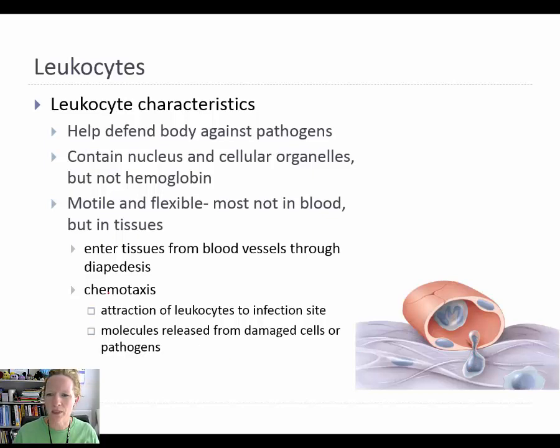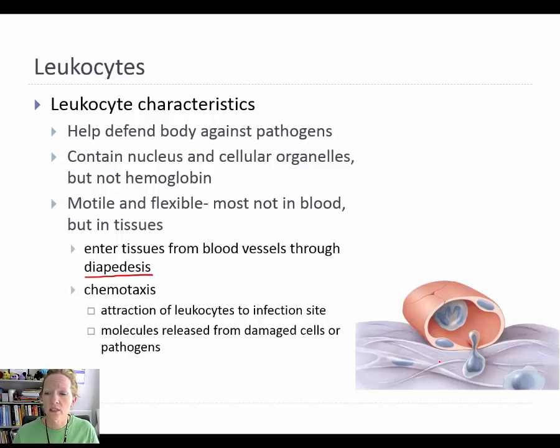That is called diapedesis. And there's that word right there, that squeezing from the capillary through the cells into the tissue that they need to go to. So you might be thinking, well, how do they know where they need to be? Because there's a lot of different tissues, and we want to make sure that they get to the tissue that's infected. The way that they know is by these molecules that the damaged cells and pathogens are going to release.